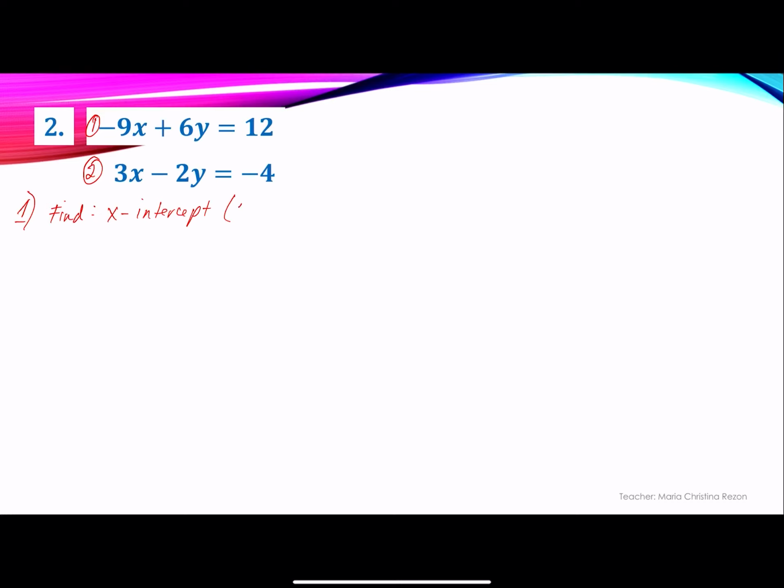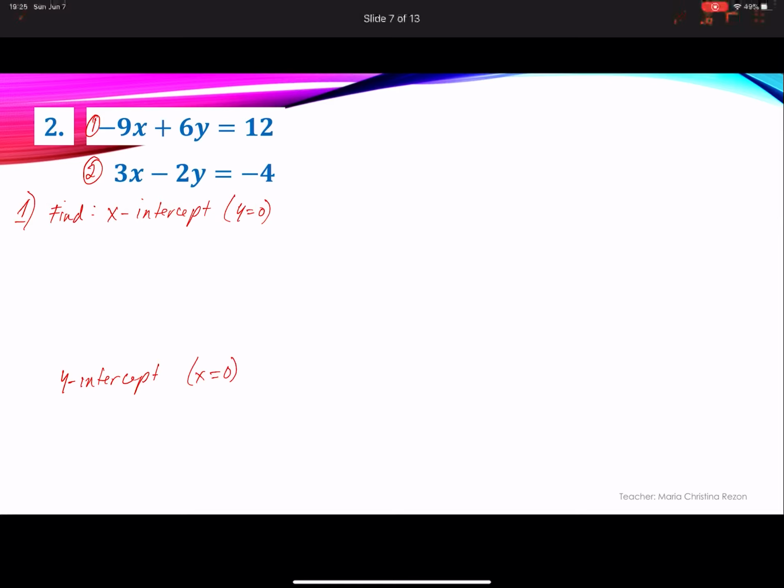So that is set y to 0 and then you find the x-intercept. And then you set x to 0. Okay?